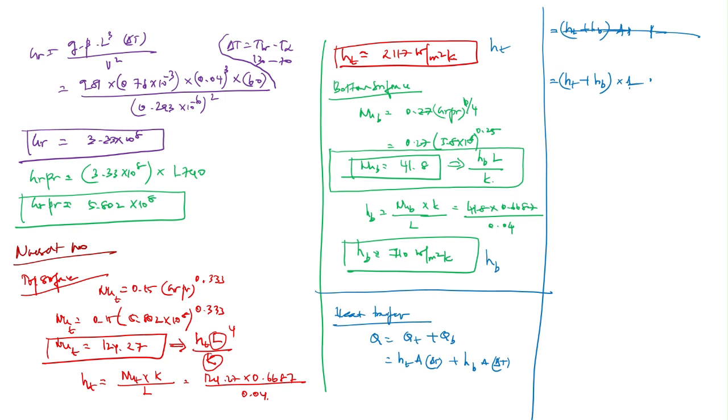So Q is equal to (h top plus h bottom) into area into delta T. Here the area is length into width, and delta T is equal to T wall minus T infinity.